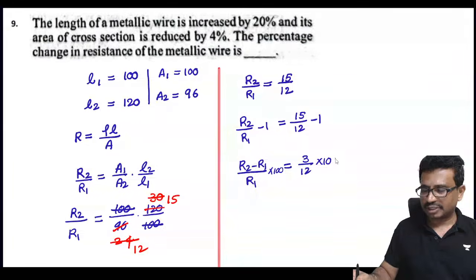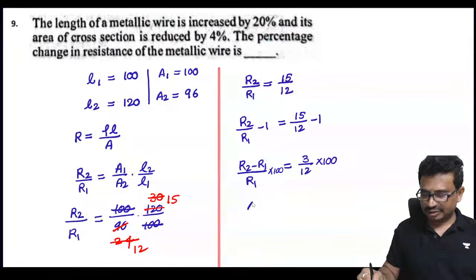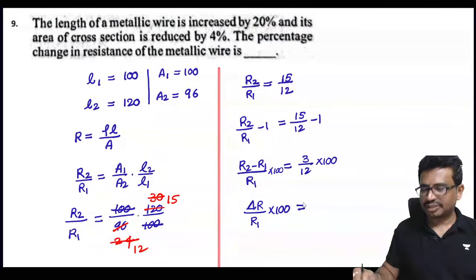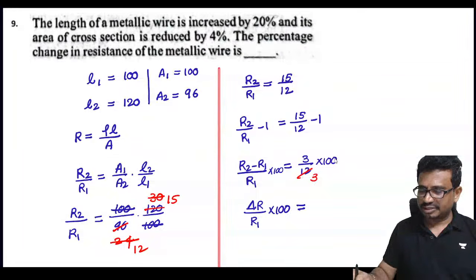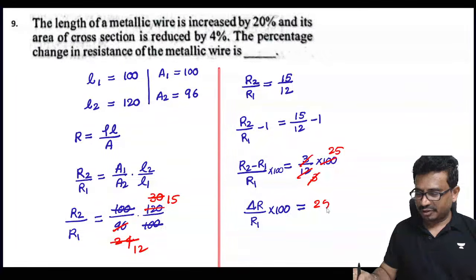Here also multiply by 100. Then this is called delta R by R1 into 100. This is called the percentage of change. So we'll get 4 threes are 12, and 4 25. 3 cancels now, which will come to be 25%.